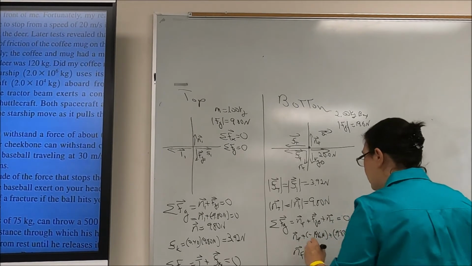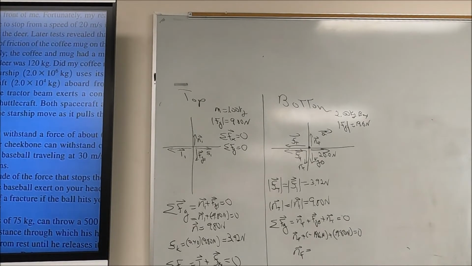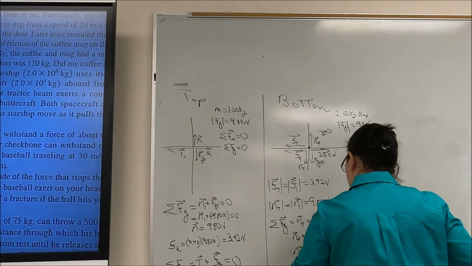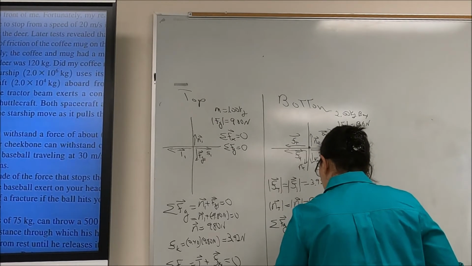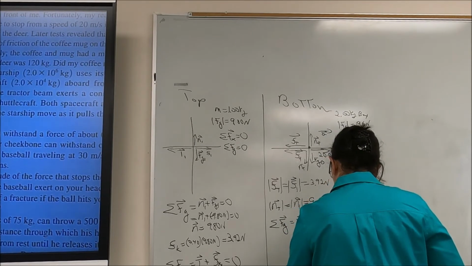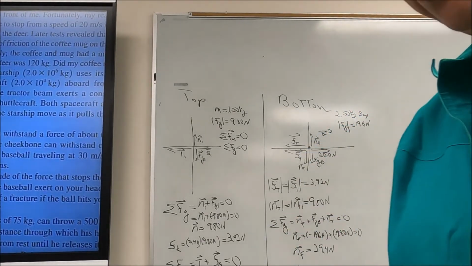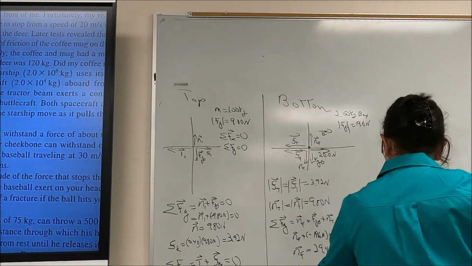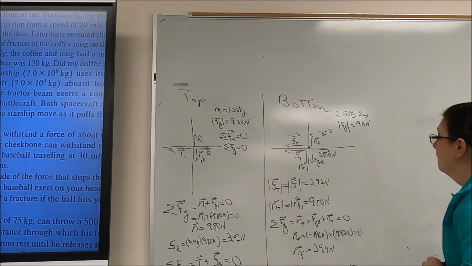So the normal force with the floor, 19.6 plus 9.8, 29.4 newtons. So the frictional force with the floor is going to be 0.40 times 29.4 newtons. So 0.4 times 29.4, 11.8 newtons. Okay?